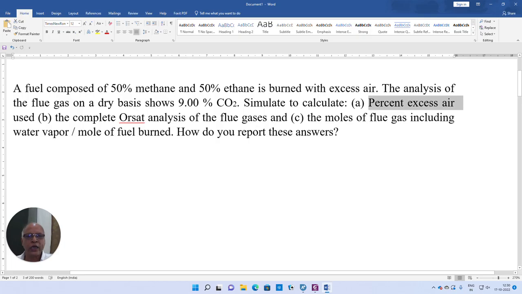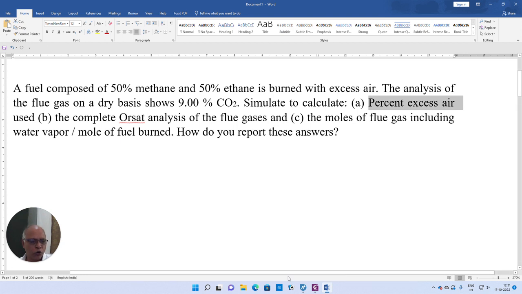So we have 50 kilomoles per hour of methane, which requires 100 kilomoles of oxygen. Similarly, 50 kilomoles of ethane require 3.5 times, that is 175 kilomoles per hour of oxygen. So in total we have 275 kilomoles per hour, divided by 0.21, which will give you the required air, the theoretical air.